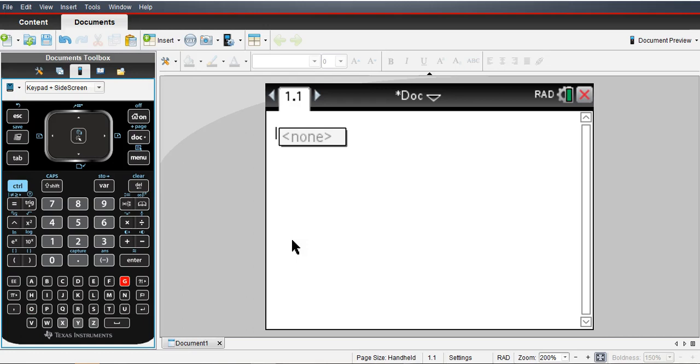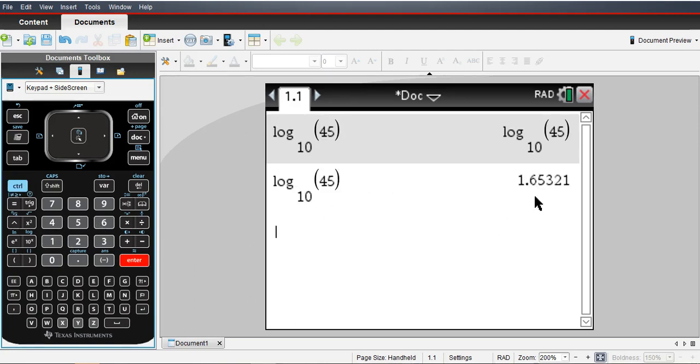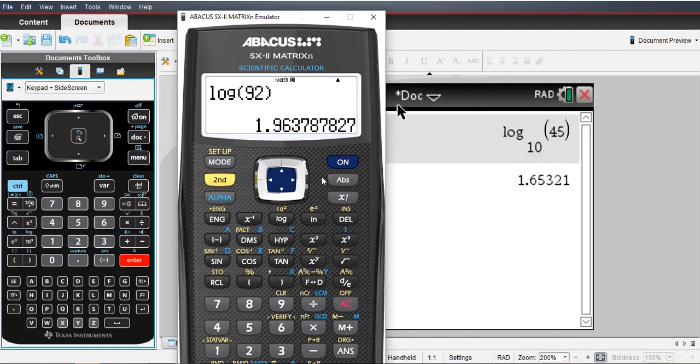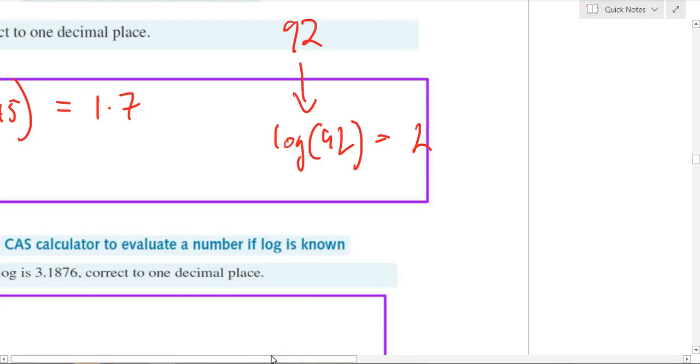You'll notice there's a keypad here, and you can use different functions just by typing them. For log of 45, close bracket, just press Control Enter, and you get 1.7, which is the same as what we had when we did log of 45. Same exact thing: 1.65321.